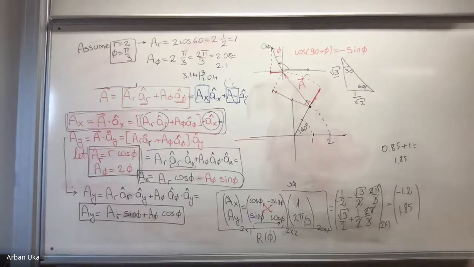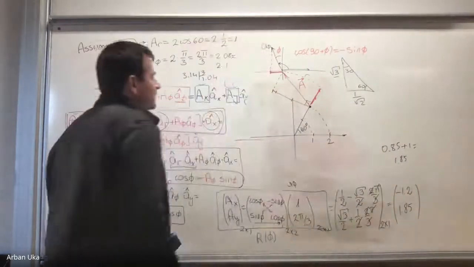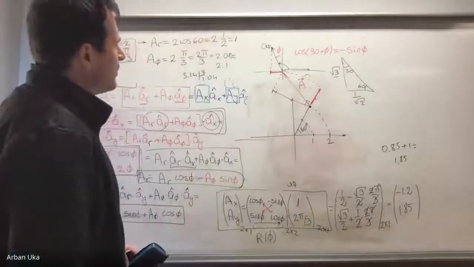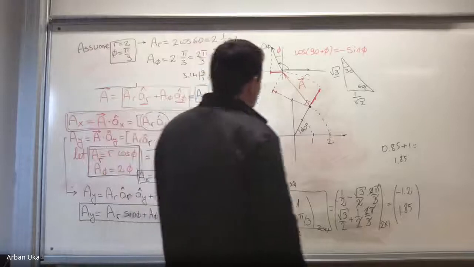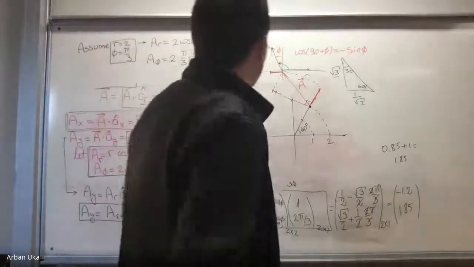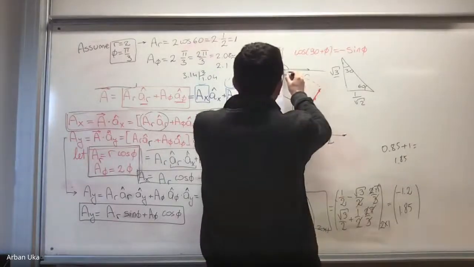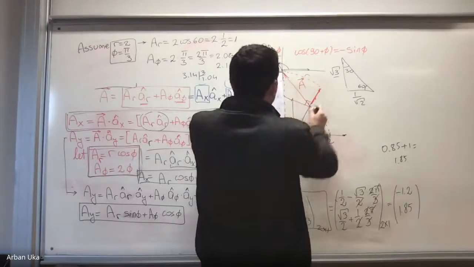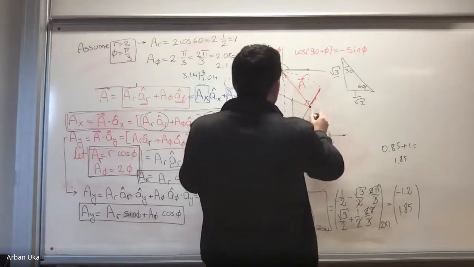1.85. This is more or less the projection along the y. So how much would this project onto the x-axis? Let's try to do the best we can, which would be to draw the vertical line. This is what the vector is, and this is here.